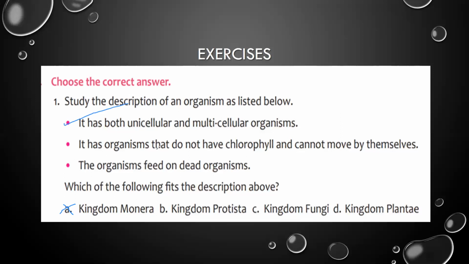It has organisms that do not have chlorophyll and cannot move by themselves. Is that Kingdom Protista? No, because some of Kingdom Protista can make their own food. So this is wrong.